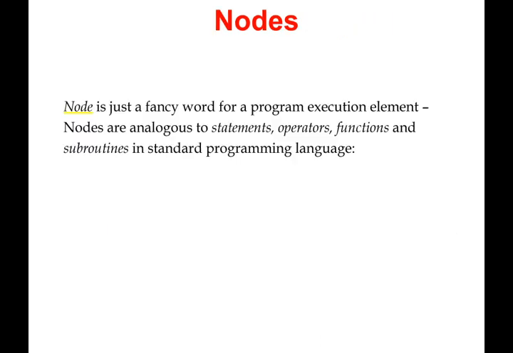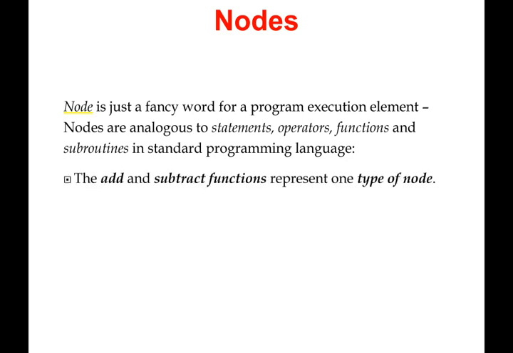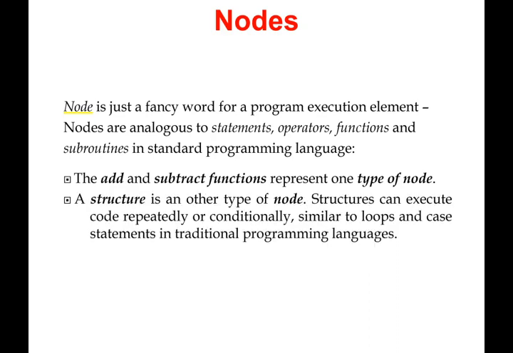What are nodes? Node is just a fancy word for a program execution element. Nodes are analogous to statements, operators, functions, and subroutines in a standard programming language. The very simplest example of a node is the add and subtract function, which represents a type of node, as I said.